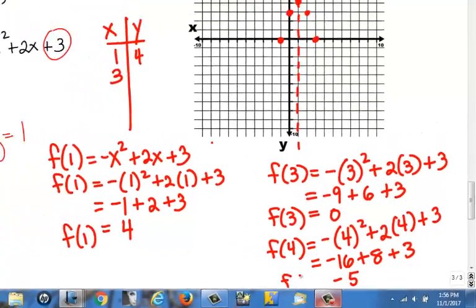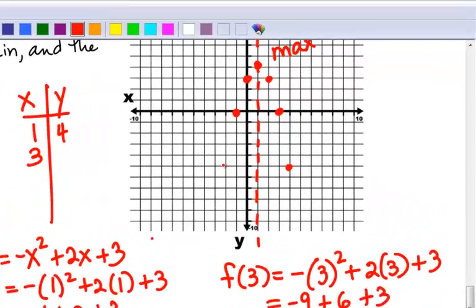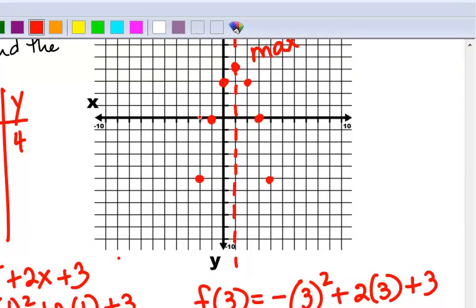Do you agree with that? So f of 4 is negative 5. From the origin, go 4 and down 1, 2, 3, 4, 5. That's 3 units to the right of the axis, so now go 3 units to the left. So I've got a point at negative 2, down 1, 2, 3, 4, 5. Agree?